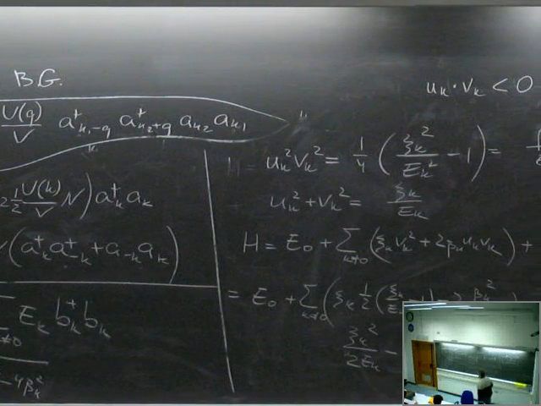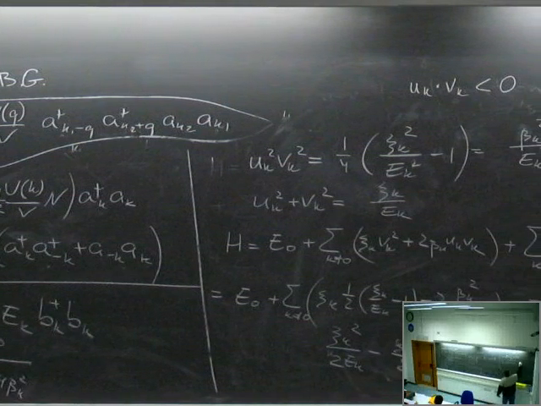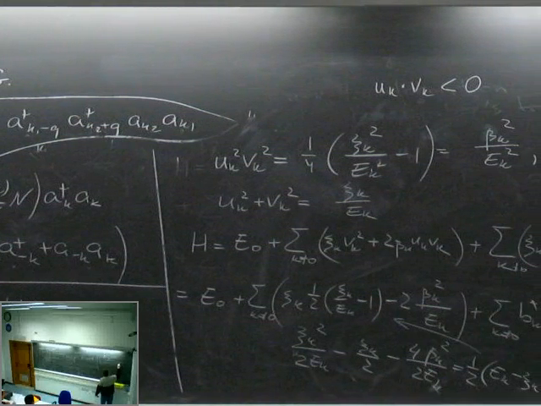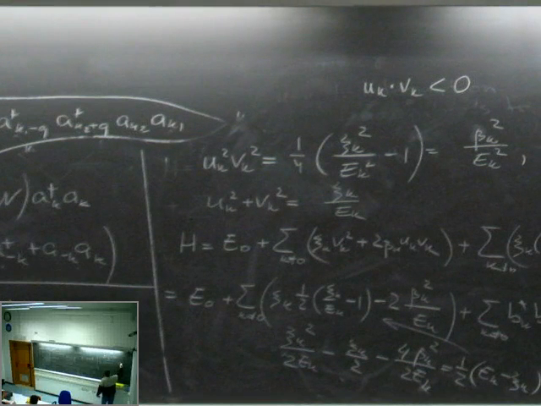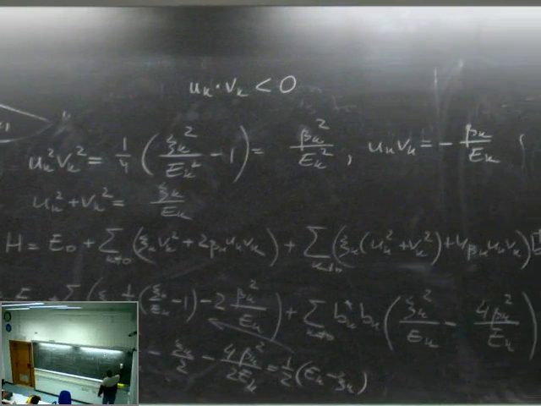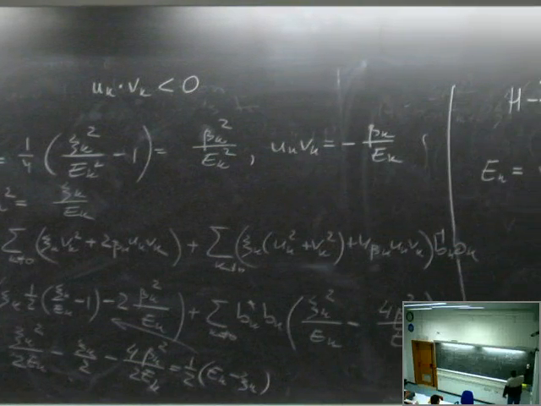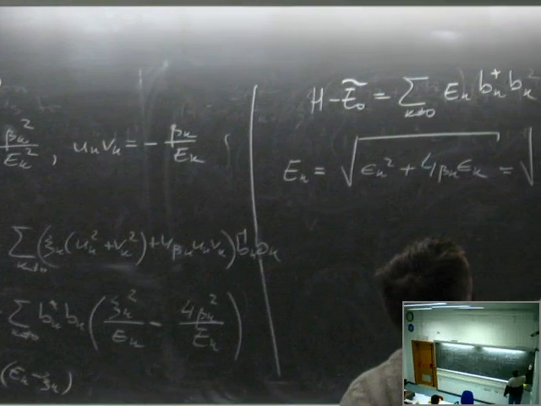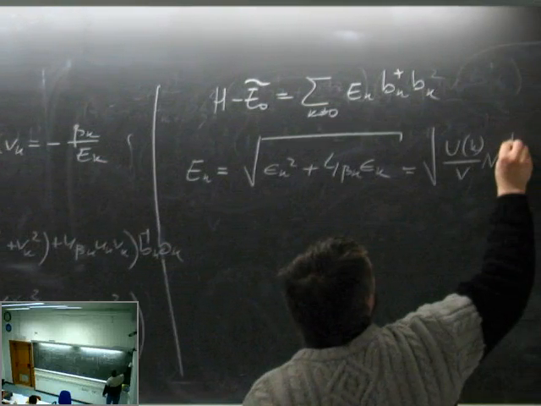This is then u k over V times N times h square k square over m plus h square k square over 2m square.